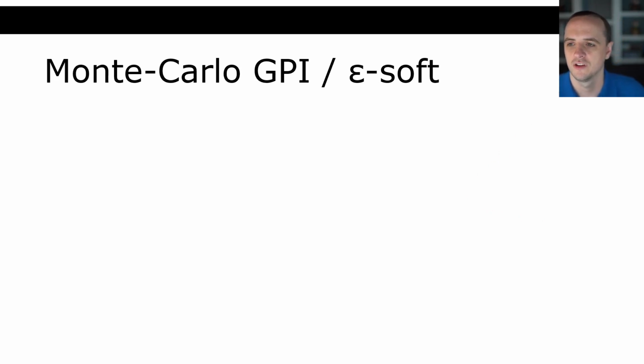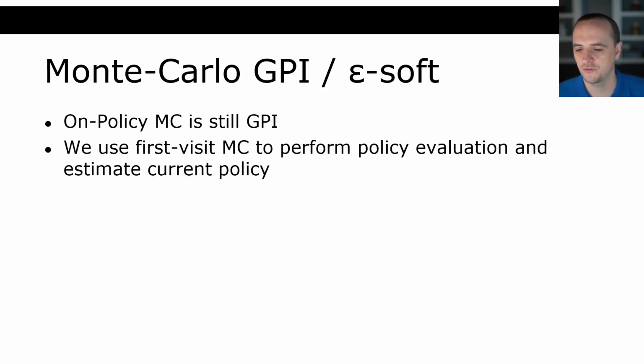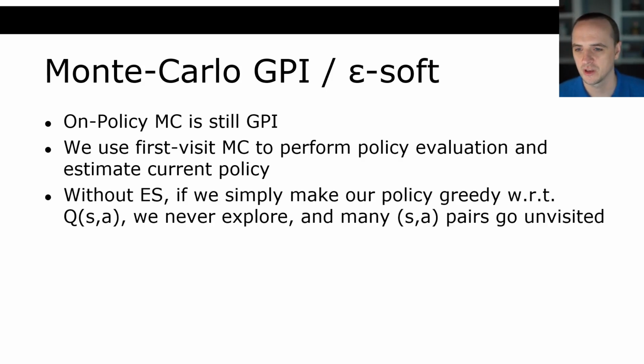All right, so Monte Carlo generalized policy iteration, epsilon soft policy. On-policy Monte Carlo is still generalized policy iteration. We still go through that circular process that we were talking about. We use first visit Monte Carlo to perform policy evaluation and estimate our current policy.